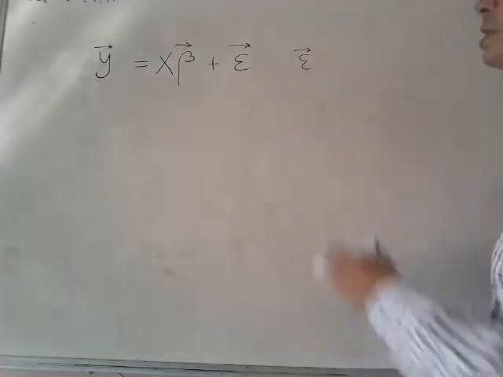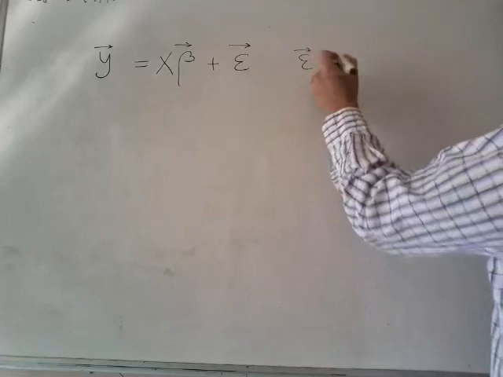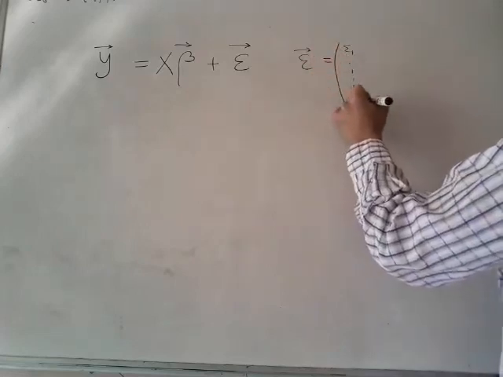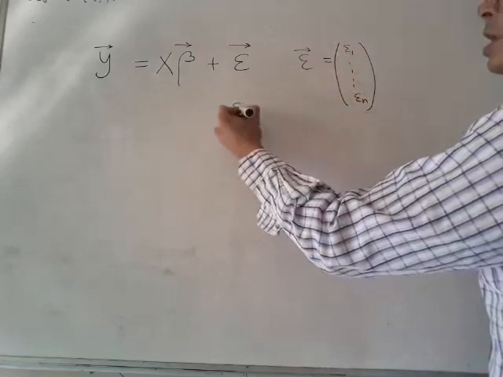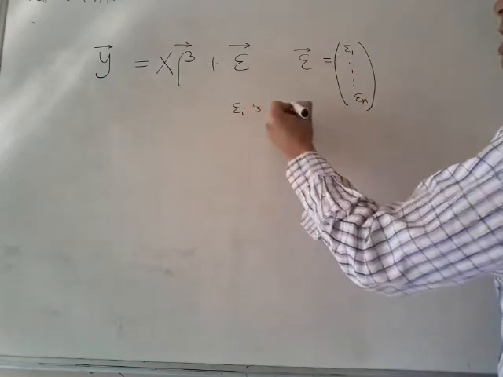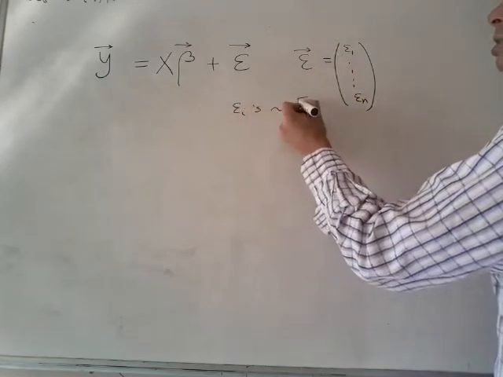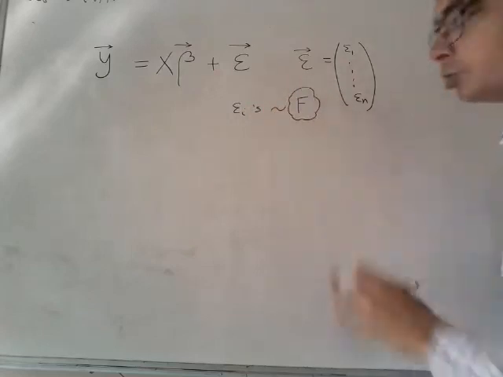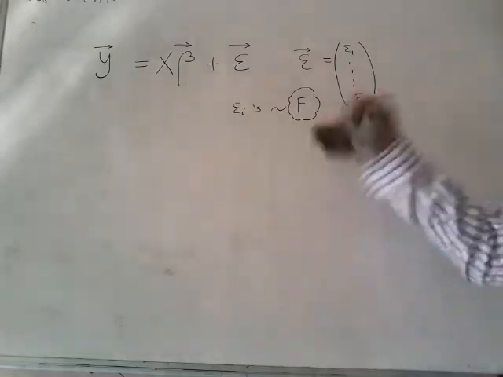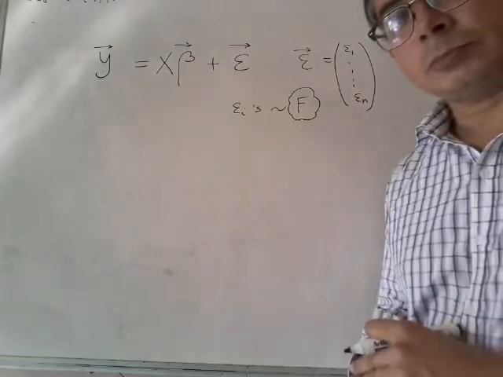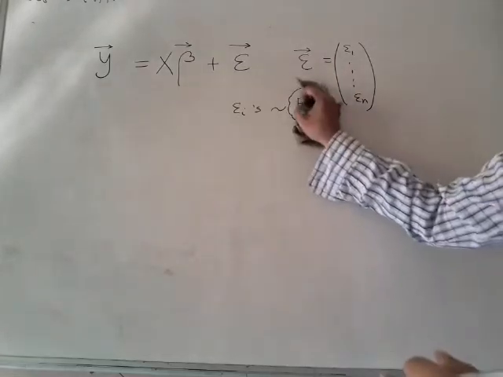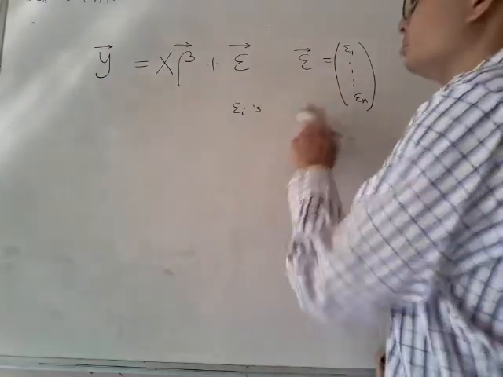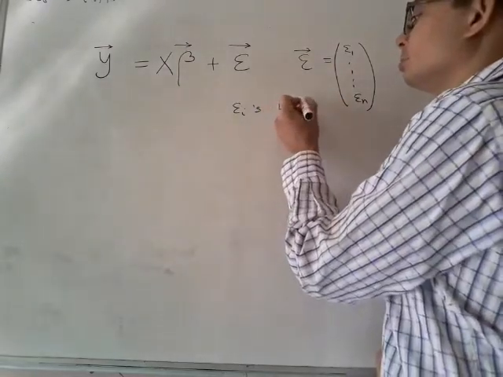I will only say that epsilon means epsilon 1 to epsilon n, and the epsilon i's are IID from some distribution f. This is not the F distribution, I just said some distribution, I call it f. So maybe I will just erase this and say the epsilon i's are IID. That's all that I have.